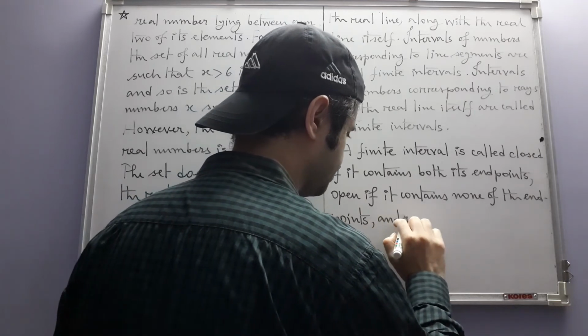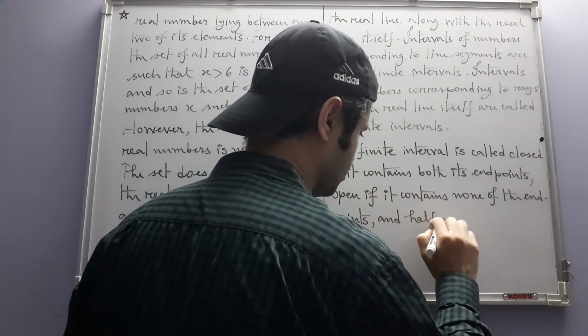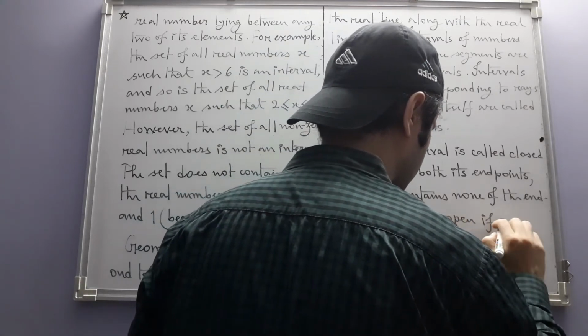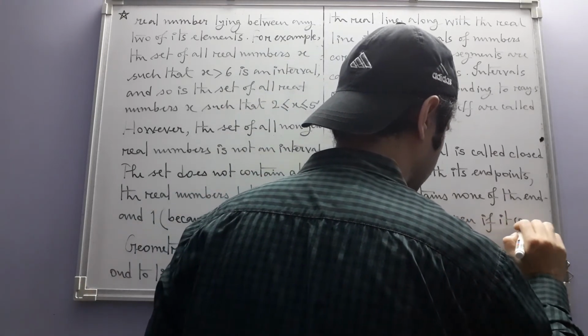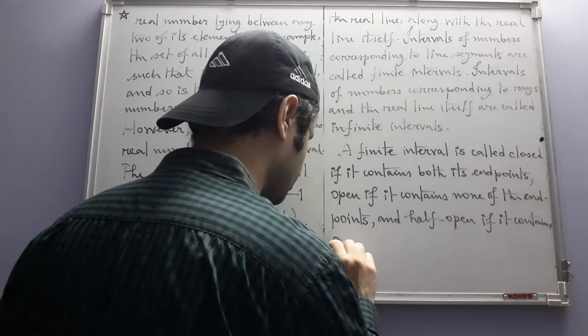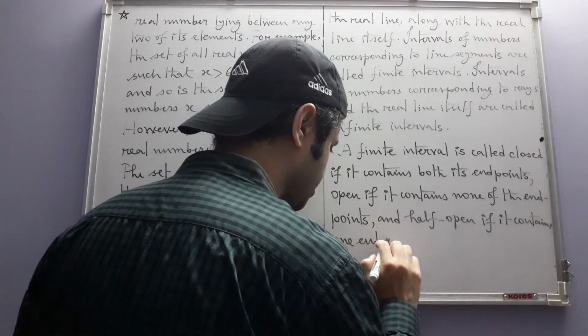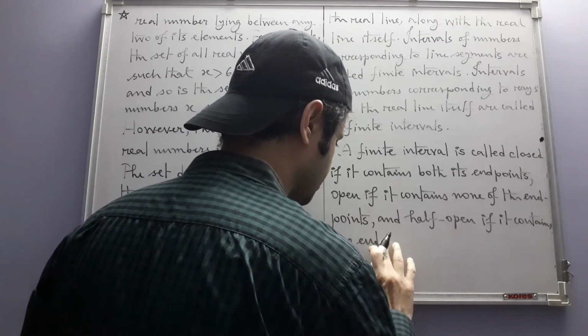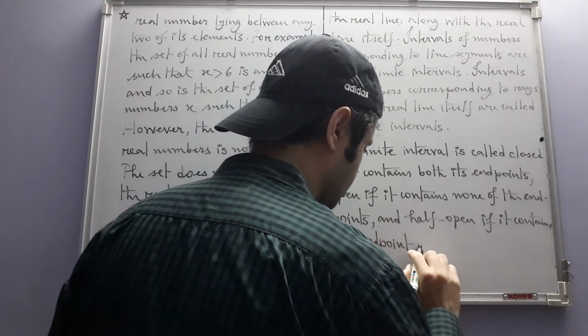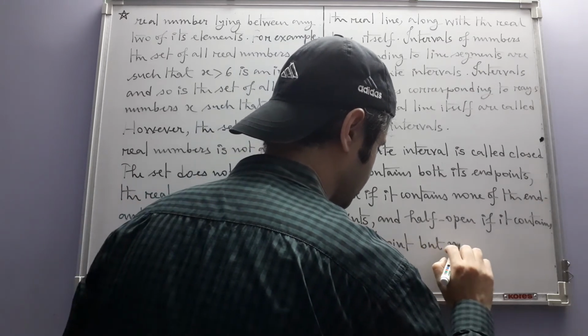And half open if it contains one endpoint but not the other.